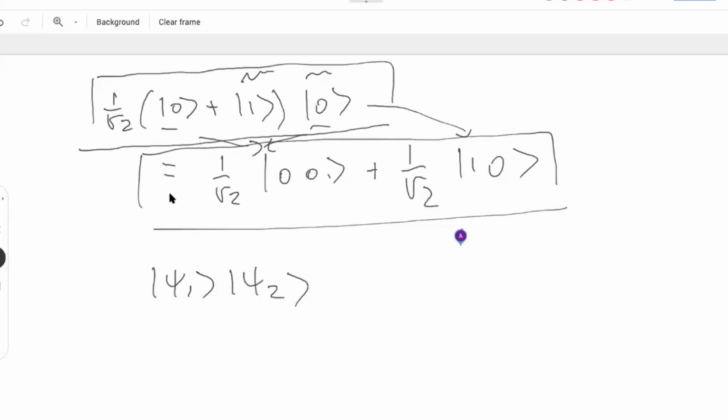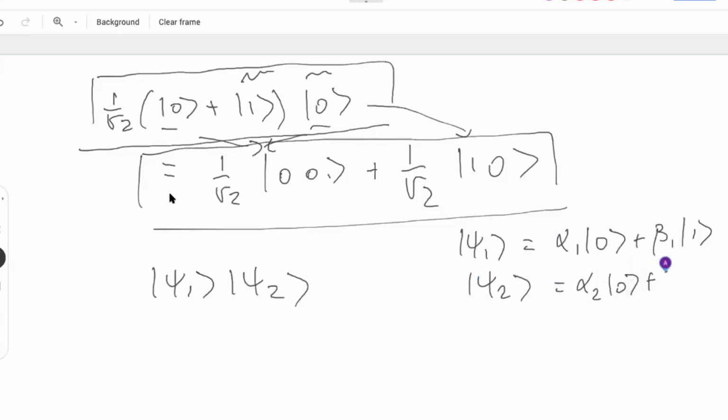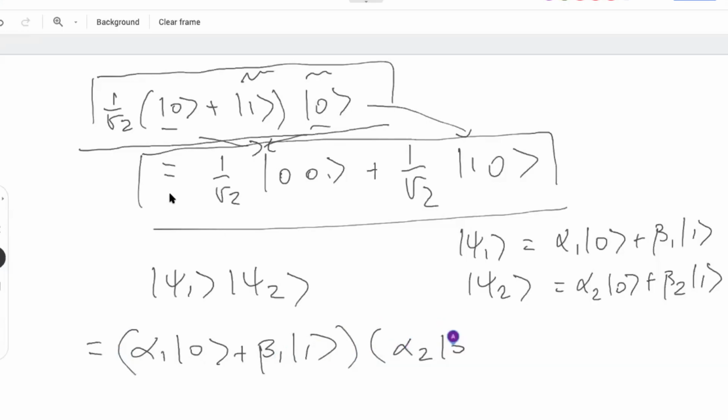Let's say that psi 1 is equal to alpha 1 |0> plus beta 1 |1>. Let's say that psi 2 is equal to alpha 2 |0> plus beta 2 |1>. Okay, from now on, whenever we write psi 1, psi 2 in this form, what we mean is exactly this: alpha 1 |0> plus beta 1 |1>, and we distribute things.